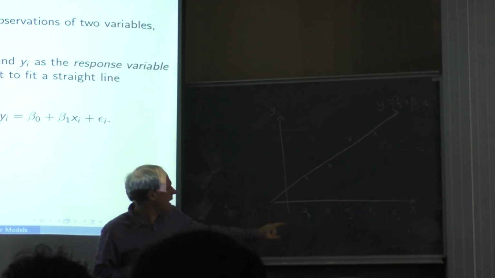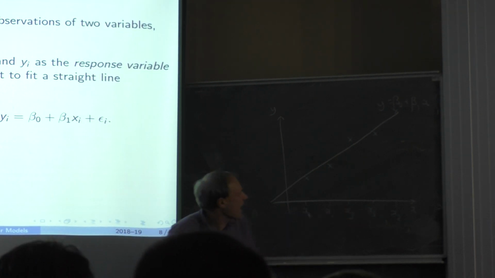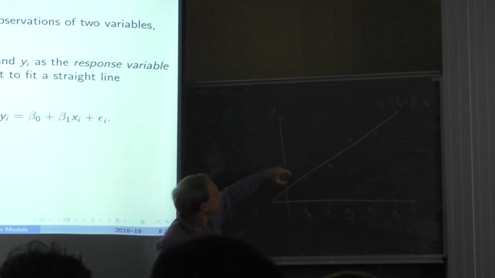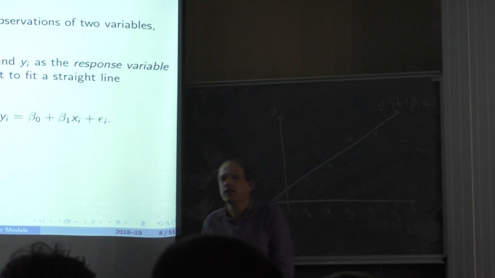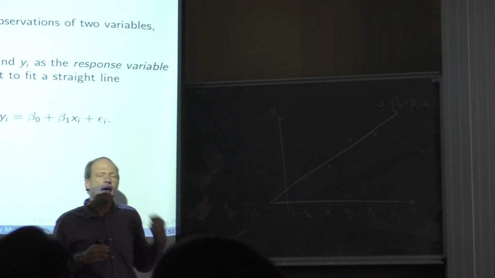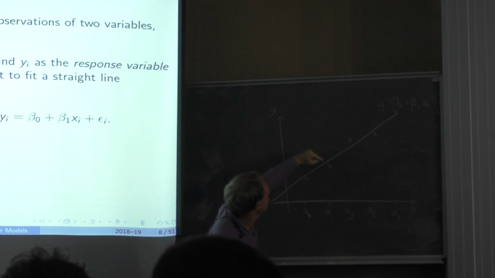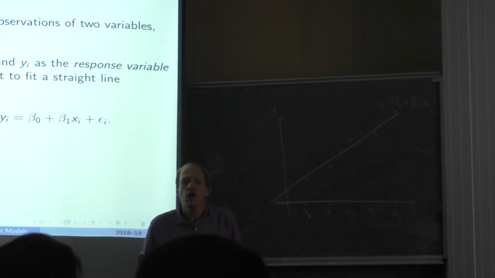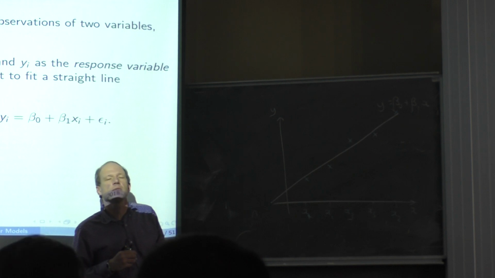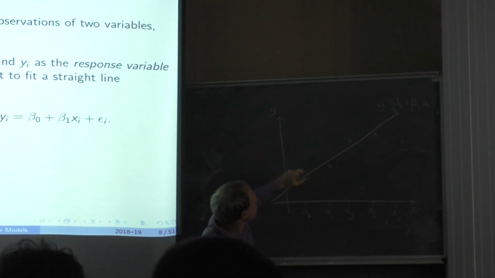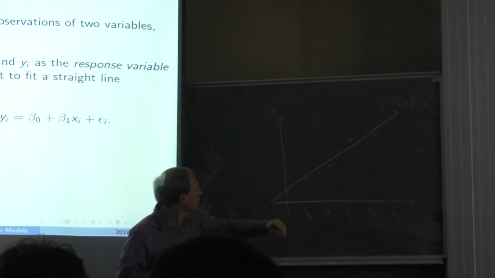So for each value that we have of the explanatory variable x, we get a random value of the dependent variable y, which is the value that we would get on the line plus a perturbation, a random term which gives us something which is slightly different from what we had on the line.